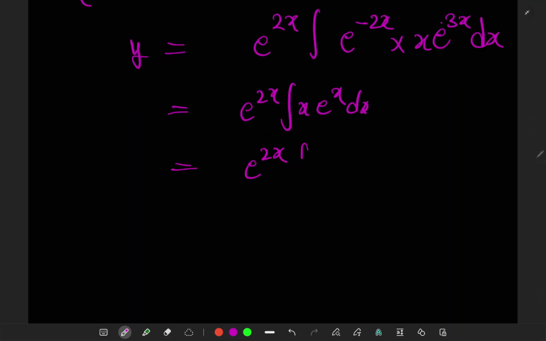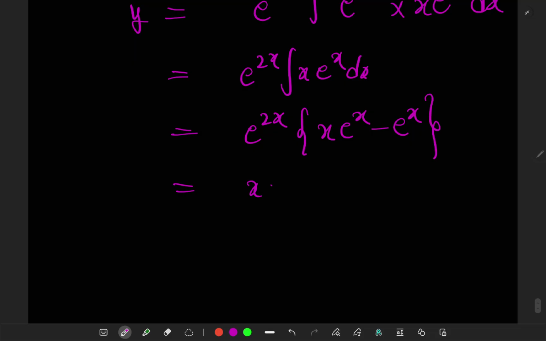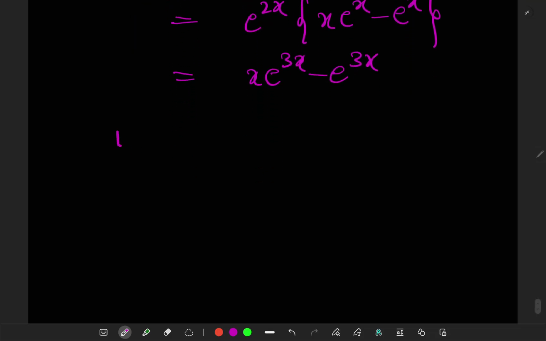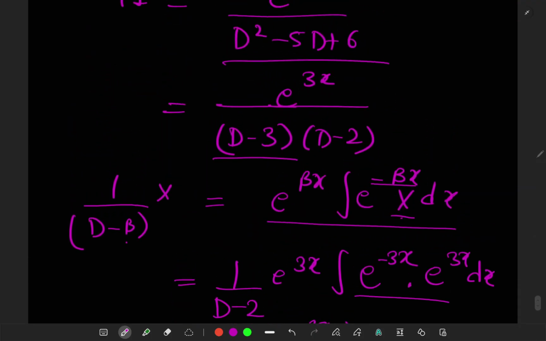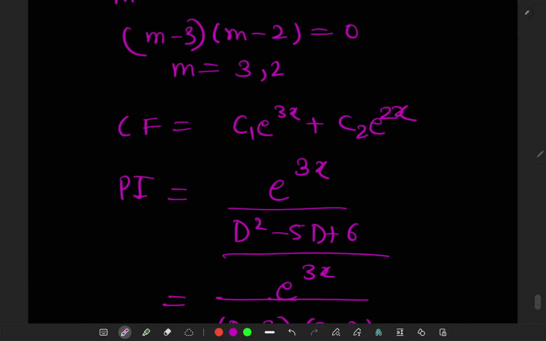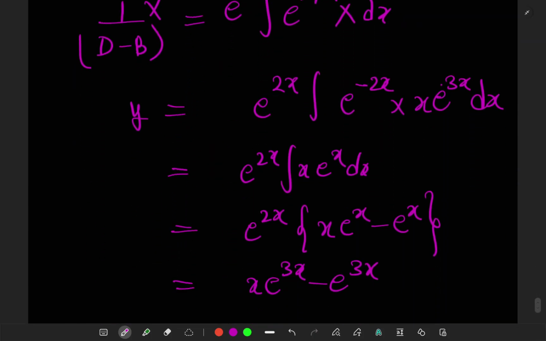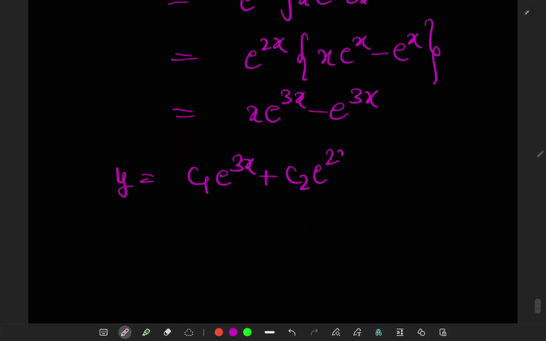On their integration we get this. Now y is equal to c1 e raised to power 3x plus c2 e raised to power 2x plus x into e raised to power 3x minus e raised to power 3x.